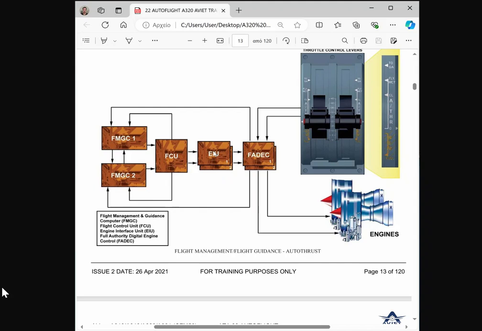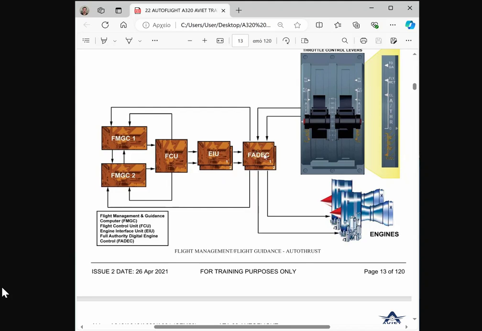So yes, guys, that's why it passes from the FCU to the EIU, and after, the engine interface unit passes the information to the FADEC. And what it says to the FADEC: okay, we are at 300 knots now. The FADEC knows this also from the ADIRU because it has an immediate connection with the ADIRU.